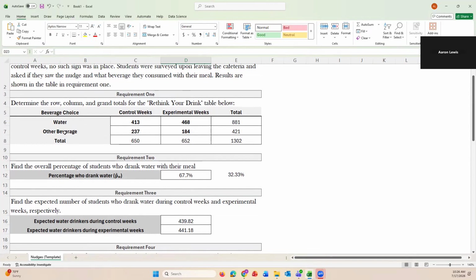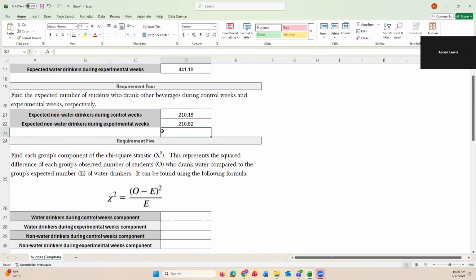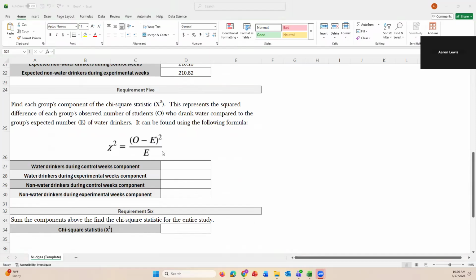And we have the intersection of other beverages in experimental weeks. So we have 4 possible combinations that we could have based upon the 2 variables that we have in our data. How you find this is you take the sum of each component's difference from expectation and then add them together. So I'm going to do this very long form to show how we do it over here.